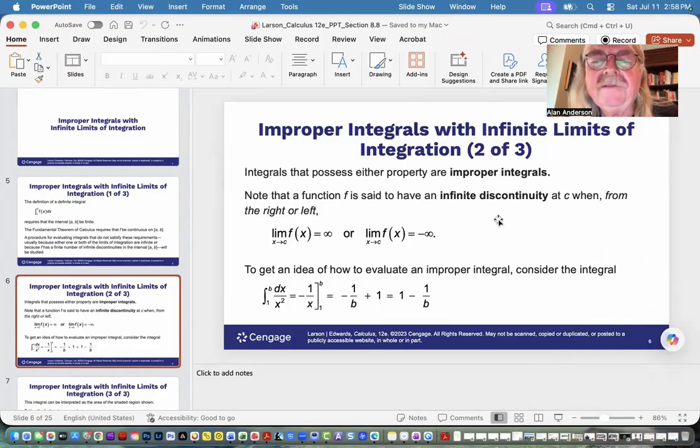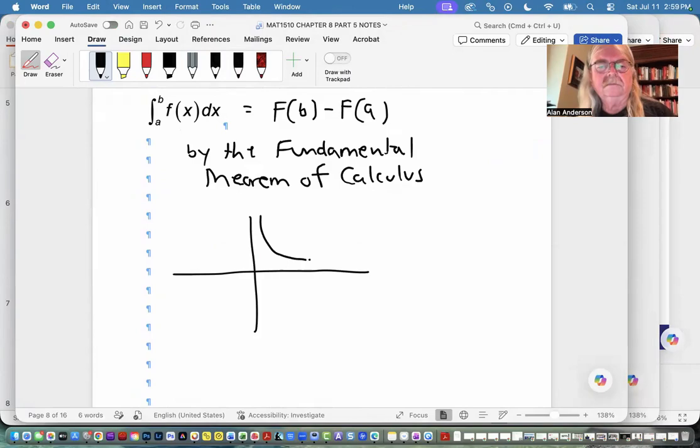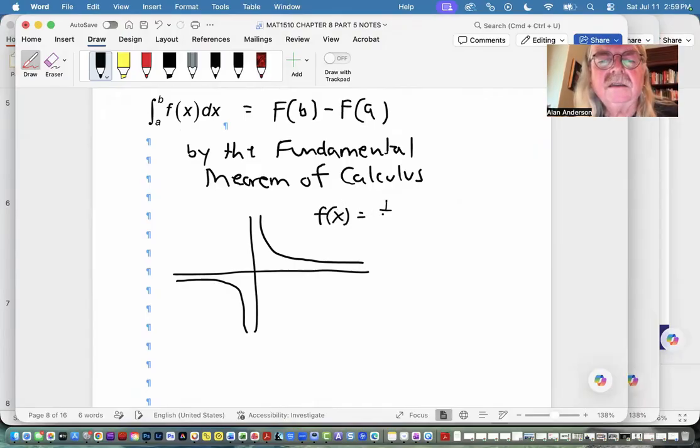So if we have an infinite discontinuity at c, when either from the left or the right, the limit as x approaches c is either positive or negative infinity. For example, f of x is 1 over x.